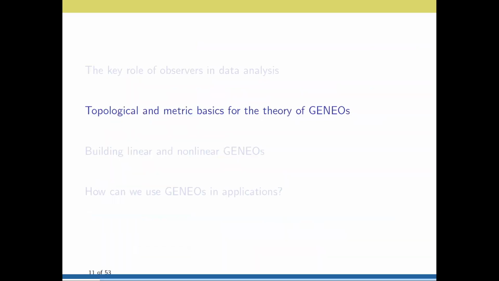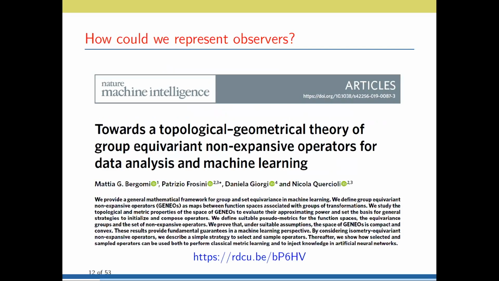So after these 10 slides, making clear the epistemological approach I am presenting here, I go on to say something about the topological metric basics for the theory of GENEOs. I will do that by citing 4 papers that describe some recent results about the theory of GENEOs.